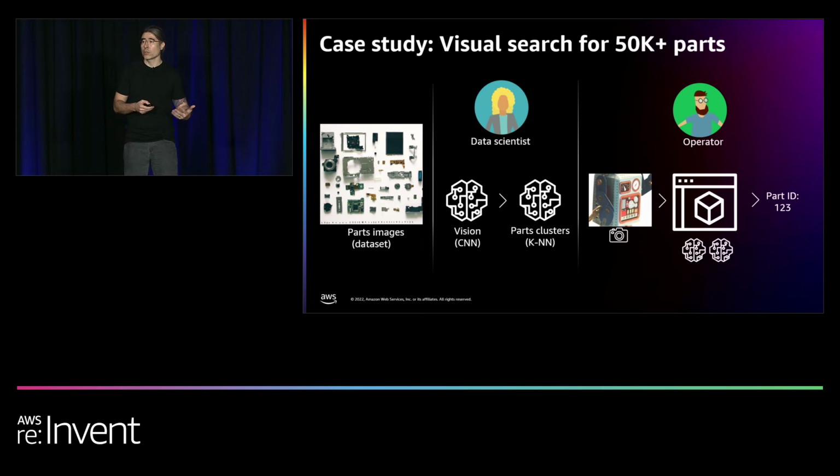One computer vision model to detect the parts in the picture sent by their customers, and another model, a clustering model, to find the similarities, so the distances between the parts. And in the end, create a list for the operator with just a few potential parts for them to select which one is the correct one. Okay?